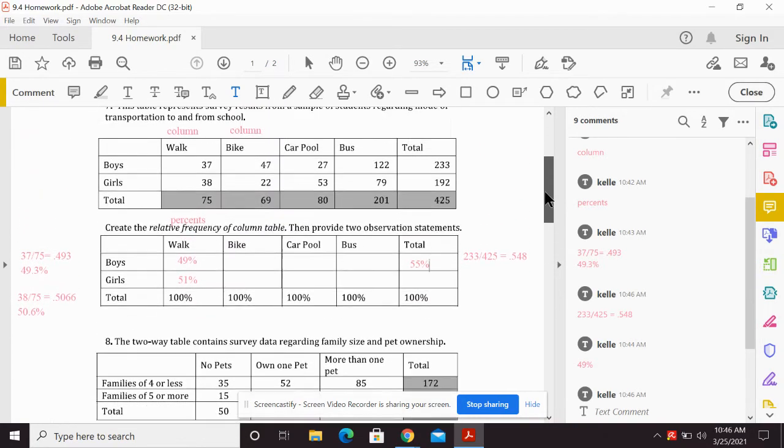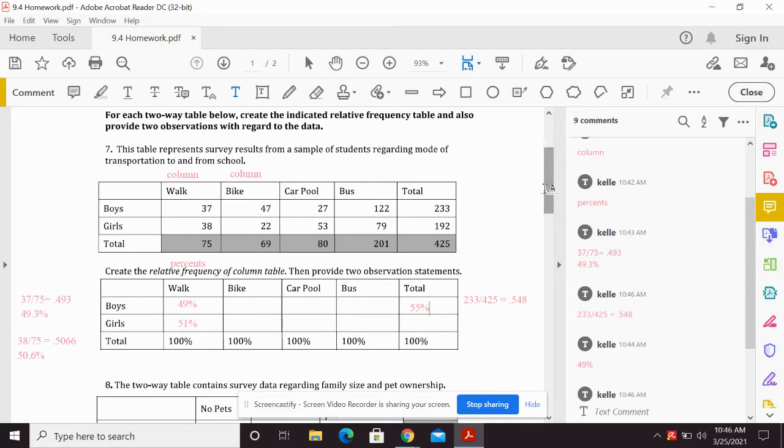Then we have to write 2 observations. Don't forget to write your 2 observations. I only filled out the walking column, so I'm just going to make observations about the walking column. 49% of the students who walk are boys. That's one observation.